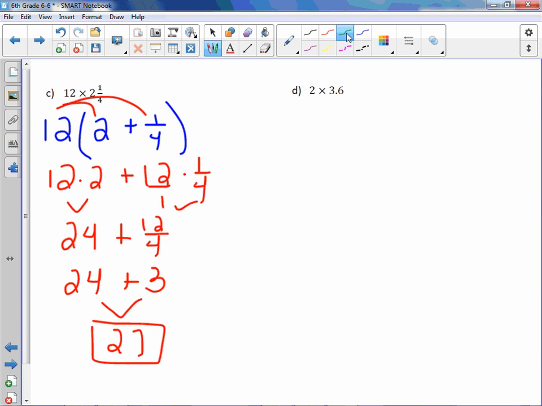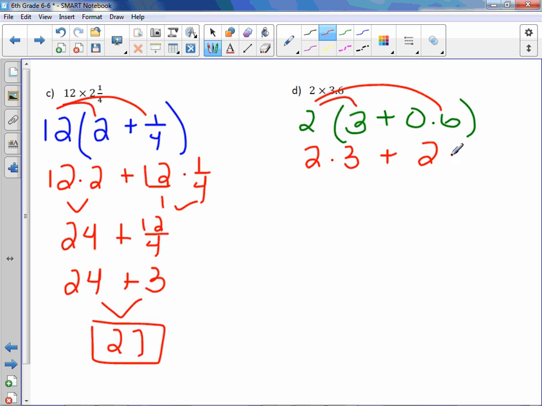We can do the same thing with decimals. 2 times 3 plus 0.6. Distribute: 2 times 3 plus 2 times 0.6. I'm going to put these in parentheses just to not confuse myself with decimals. 2 times 3 is 6 plus 2 times 0.6.